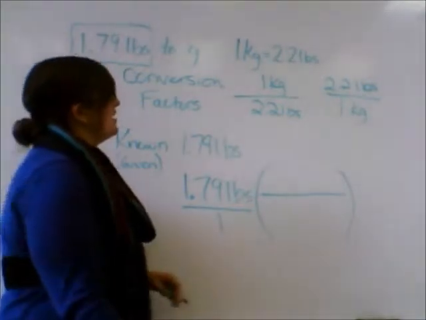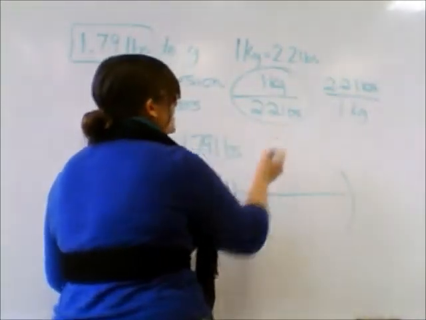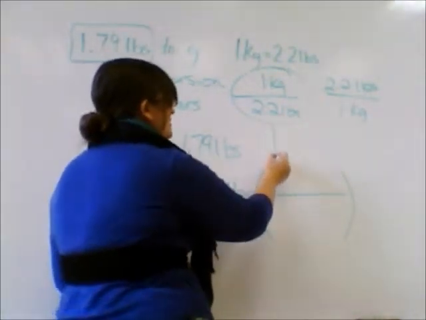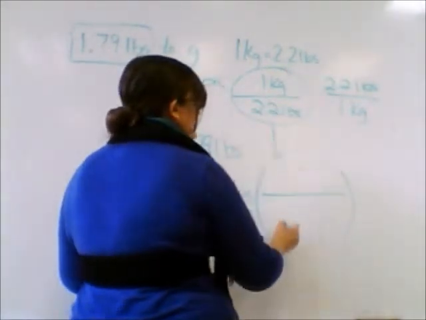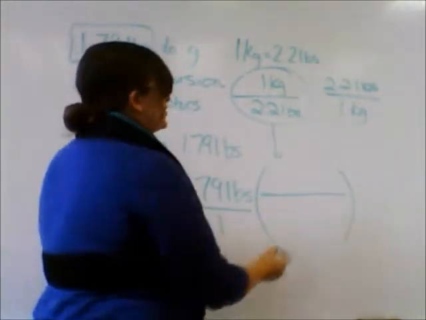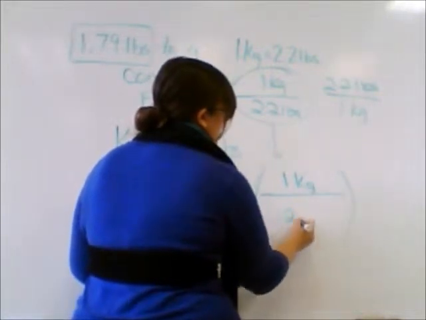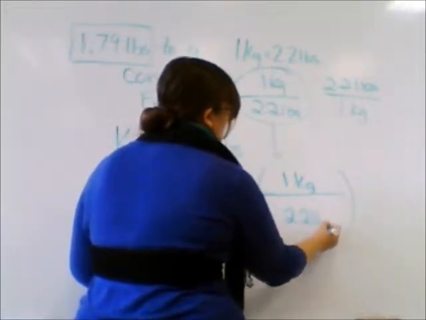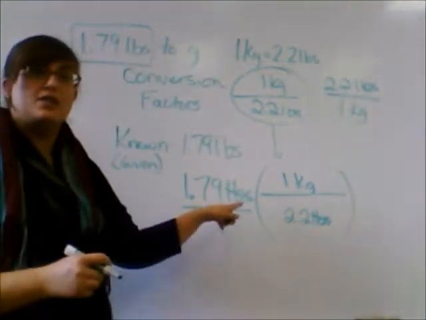So let's take the one of these that has pounds on the bottom, which would be 1 kilogram to 2.2 pounds. So let's just move that on down. All you have to do is put it directly into your parentheses. So you've got 1 kilogram over 2.2 lbs. So our pounds cancel, but look, we're still left with kilograms.